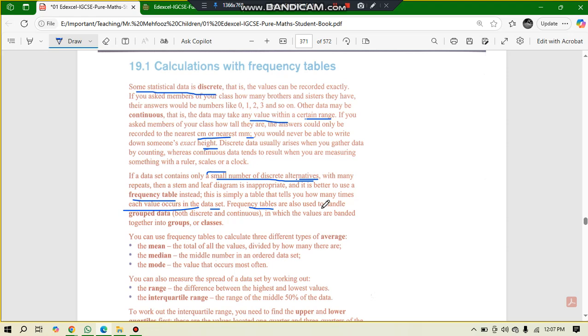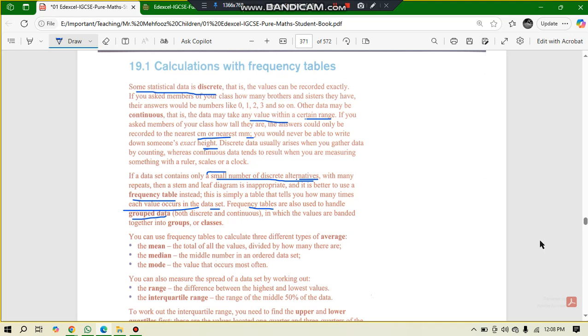Frequency tables are also used to handle grouped data. So here also we have two types of data: grouped data and ungrouped data. Grouped data means that the data is in the form of ranges or groups, but ungrouped data is the data in raw form, right? There is not any group, so this is called ungrouped data.